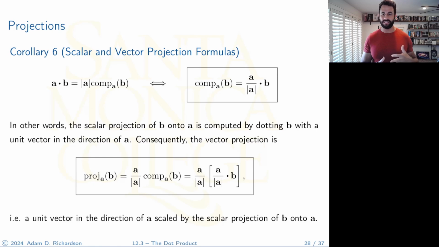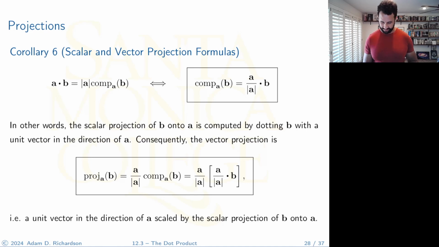The book uses a slightly different version of this formula, but it is equivalent. The reason that I like to use this particular formula, or at least the structure of the formula for the vector projection, is because it's basically saying to find a unit vector in the direction of A, and multiply it by the scalar projection.